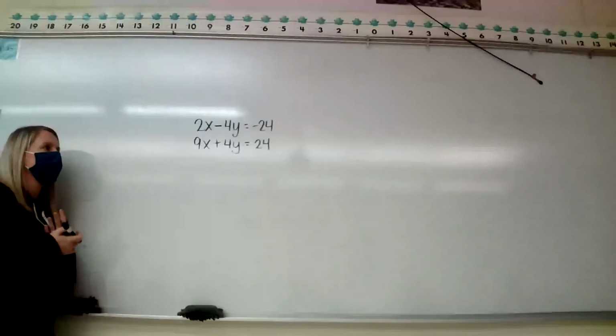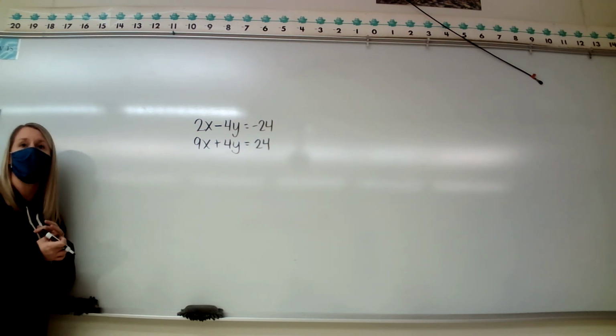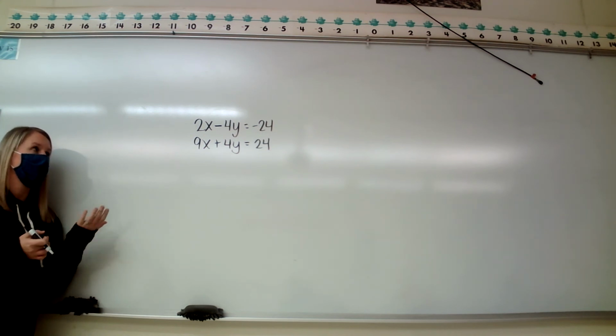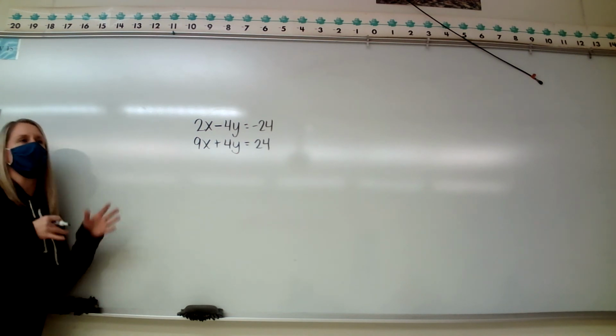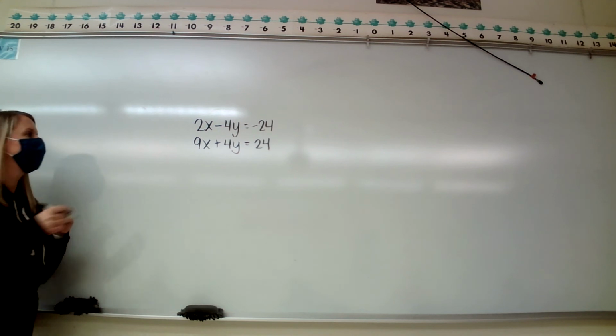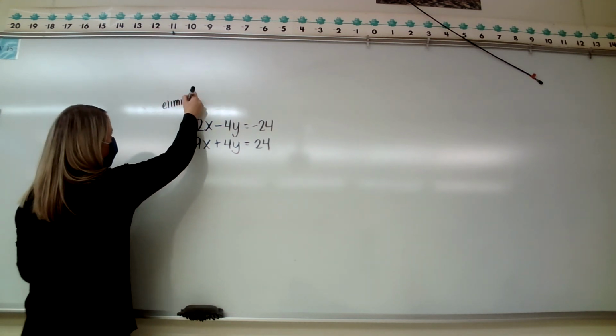So when we're talking about solving a system, we really want to focus on the setup of it. If you have a system where one of the variables is by itself, use substitution. That makes sense because it lends itself to that setup. This setup, on the other hand, I don't want to use substitution. So we have this other type of solving called elimination.